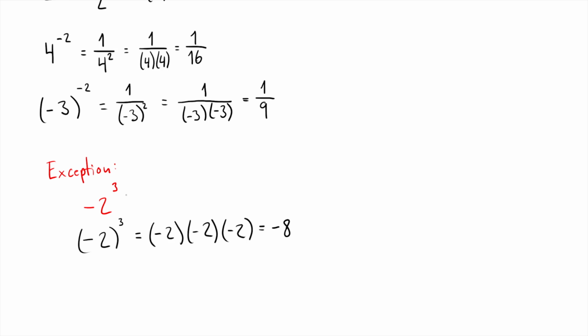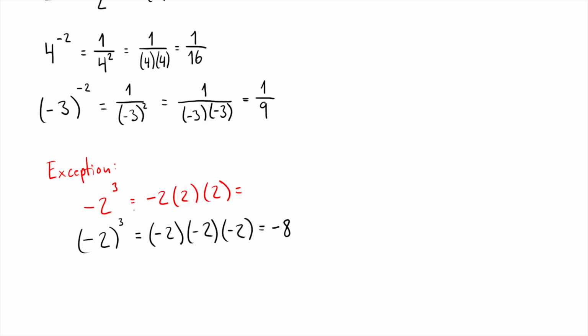Now if we take a look at the top example, what we have here is actually negative 2 times 2 times 2. And the idea here is that this negative only applies to the first 2. Every additional 2 that we have is a positive 2.